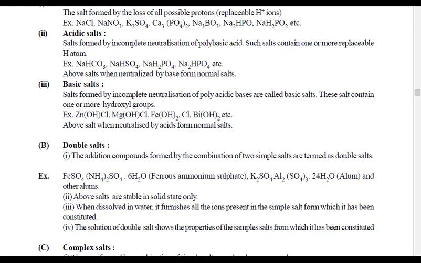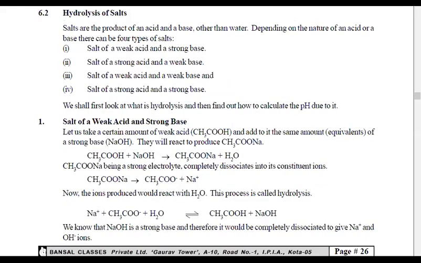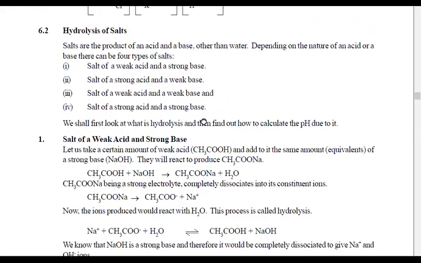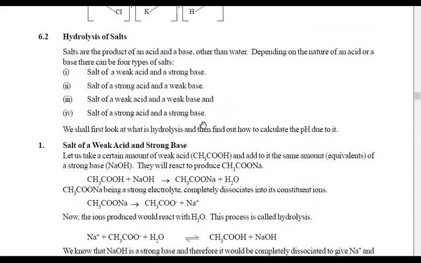Now, next topic: as we started, hydrolysis of salt. What do you think is the meaning of hydrolysis of salt? As I said, hydrolysis is the reversible reaction of the neutralization reaction.